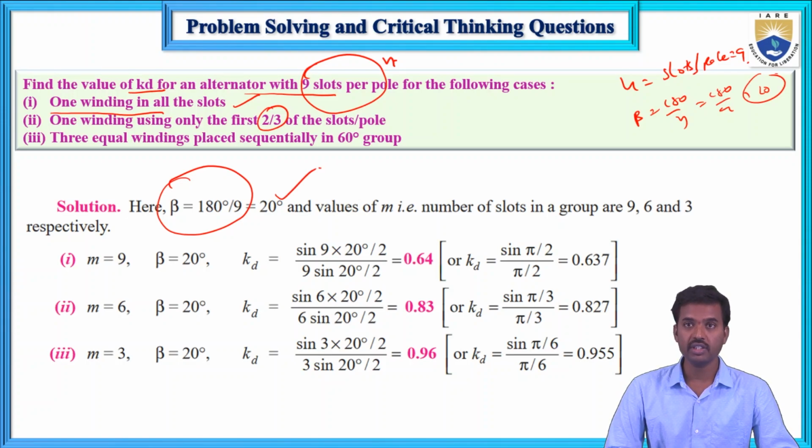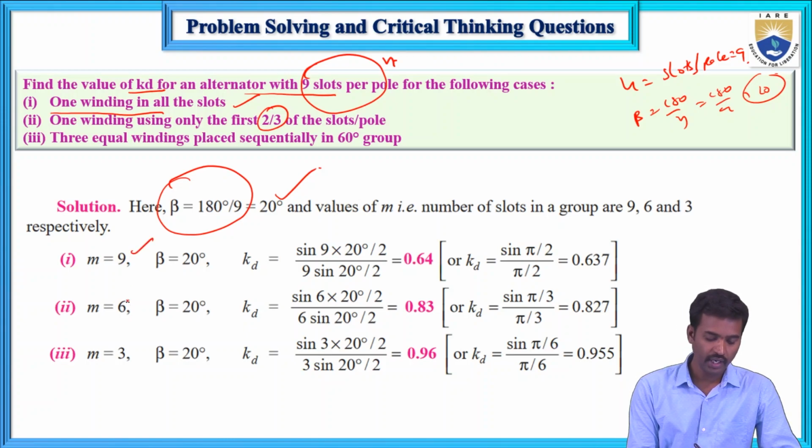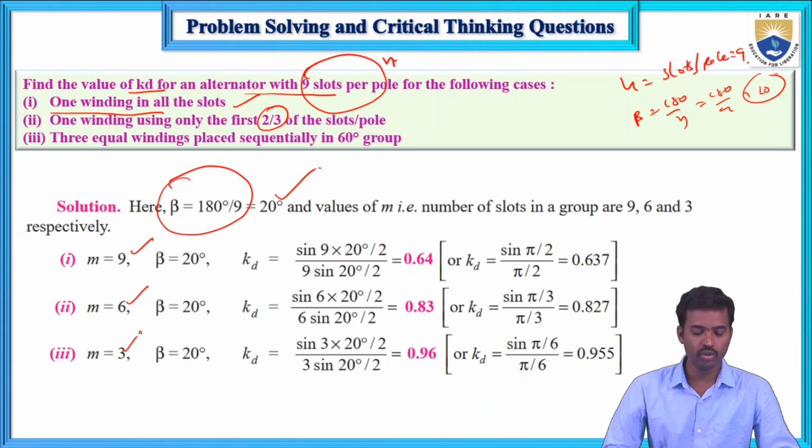For 3 phase, m equals 9, m equals 6 and m equals 3, where m is the number of slots per pole per phase.